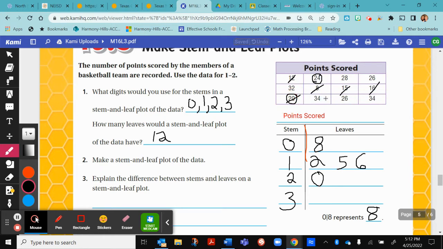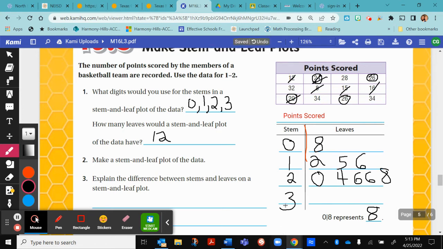Next one is 24. So this will represent 24. It's going to be in stem 2 and 4 in my leaf. The next one is 26, and I notice that there's 2 of them, so I'm going to write 2 6s. And the last one is 28, and there's my representation.